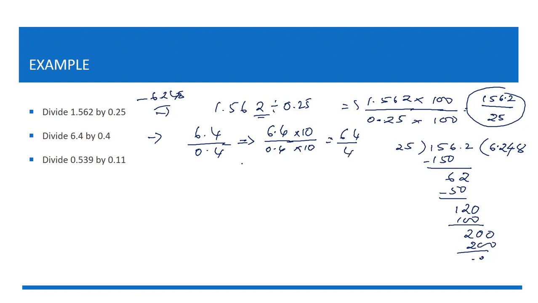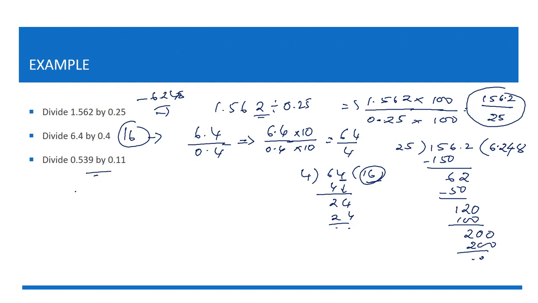Now 6.4 divided by 0.4 means 64 divided by 4. 4 ones are 4, 2 remainder, bring down 4, 4 6s are 24. There is no decimal point here, so the answer is 16.